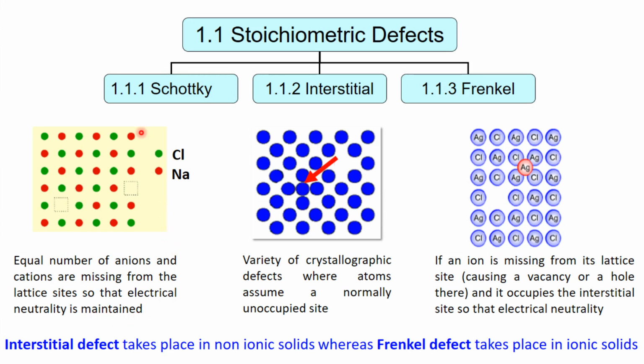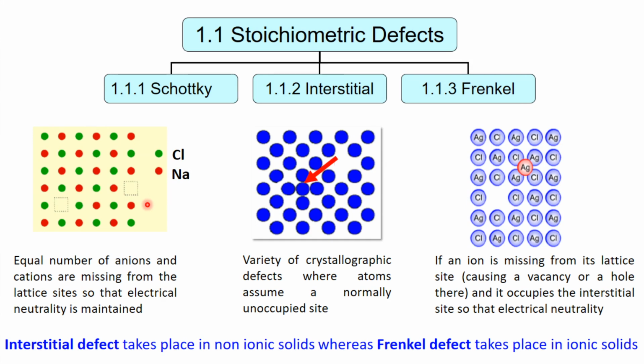For example, in this left hand side panel figure, you can see a compound NaCl, and you can see that equal number of Na and equal number of Cl ions are missing from this structure.